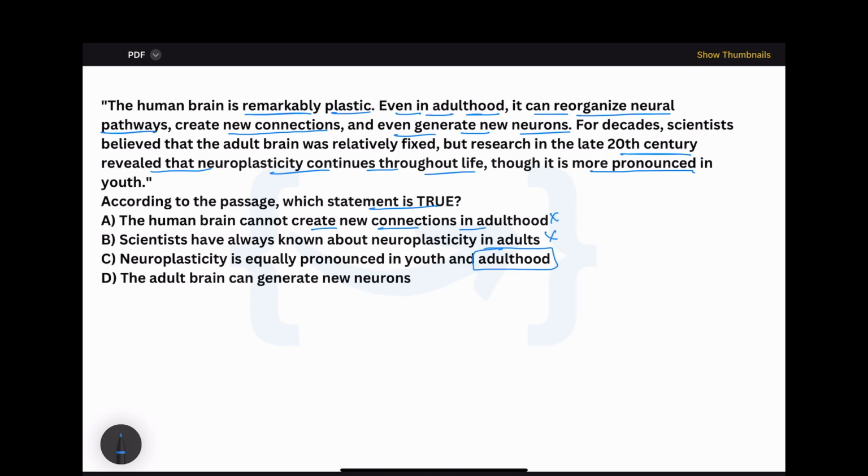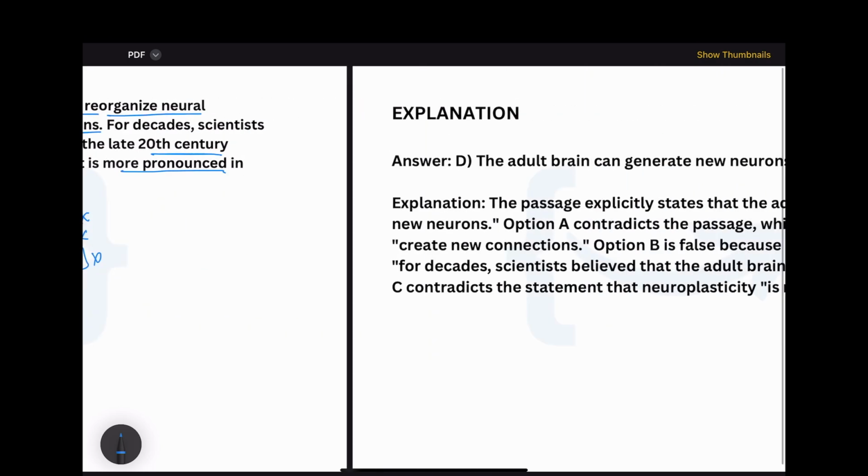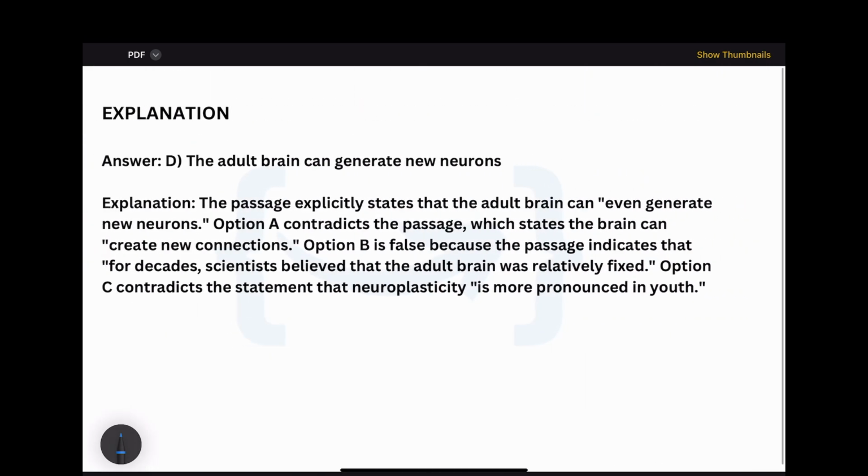Because of this, that statement is also wrong. So I am left with this particular statement that is true. Let me see. Yes, the adult brain can generate new neurons, and you can see the explanation written here as well.